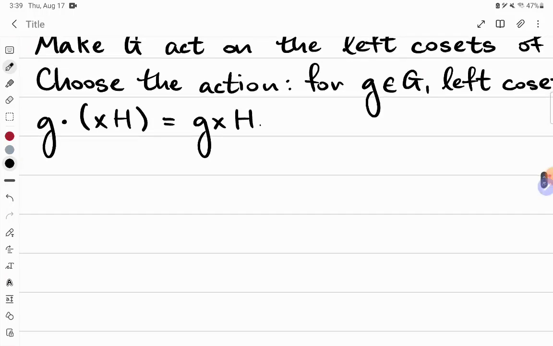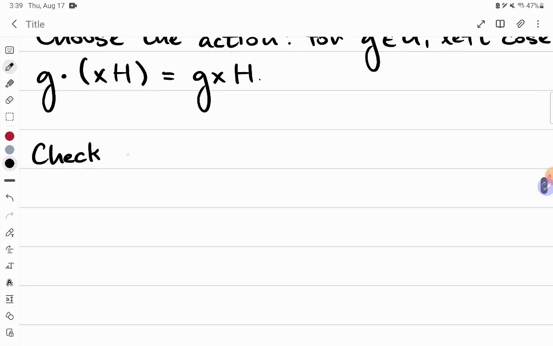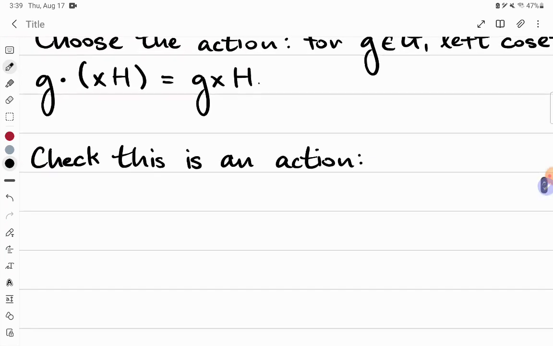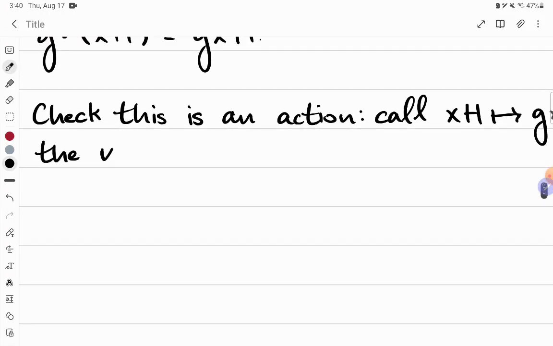So let's check that this is an action. Right, so we will define this map above, which took xH to gxH, the map phi sub g.